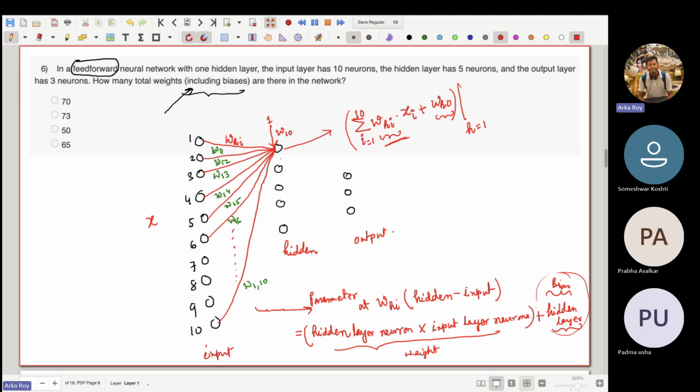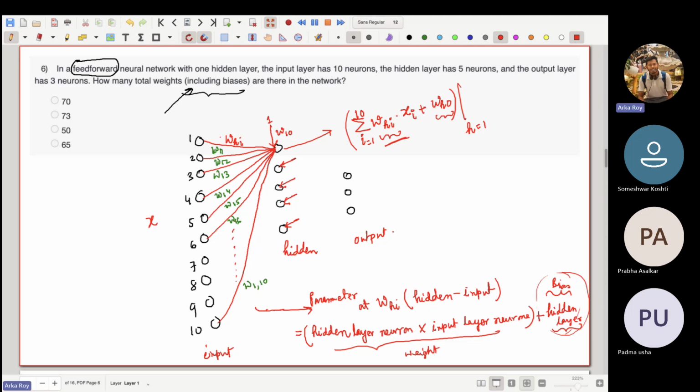Because you see, you have 1, 2, 3, 4, 5 neurons in the hidden layer. So for each hidden neuron, you will have a single bias value. So in total, you will have 5 bias values, which is basically the number of neurons in the hidden layer. So therefore, this represents the sum of all the bias values.